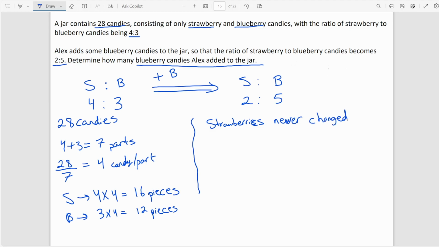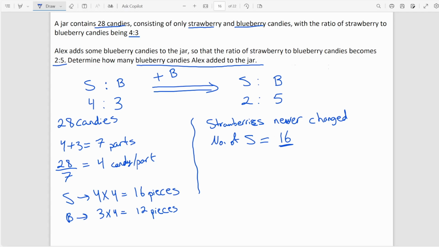Okay, so I know that I only added blueberry candies, which means in this ratio right here, the number of strawberries is equal to 16. It never changed. And this right here is the clue that will solve the question for you. So this is why it's important to figure out what variable didn't change, find the amount of pieces for that variable, and take it to the next ratio right here.